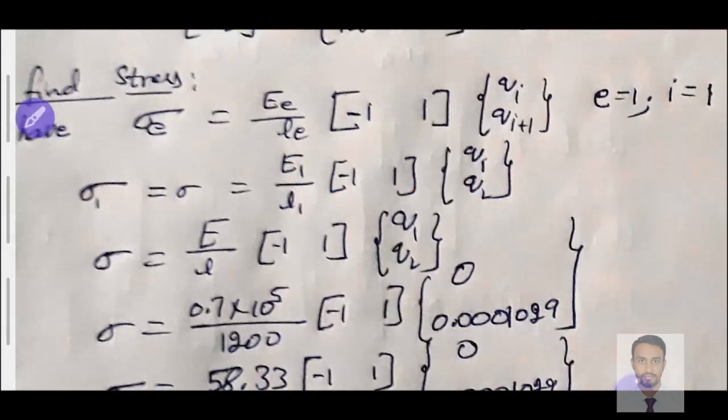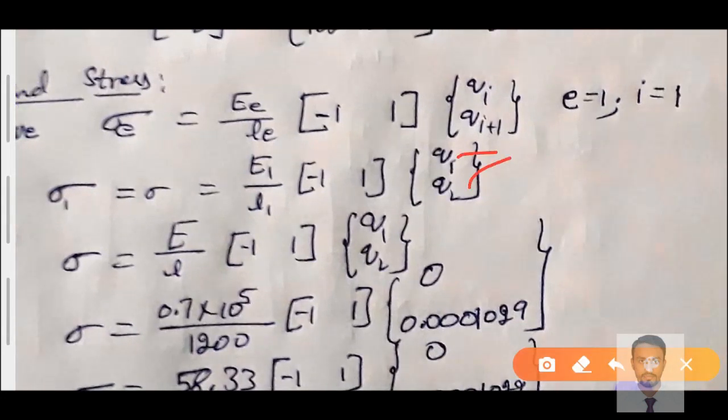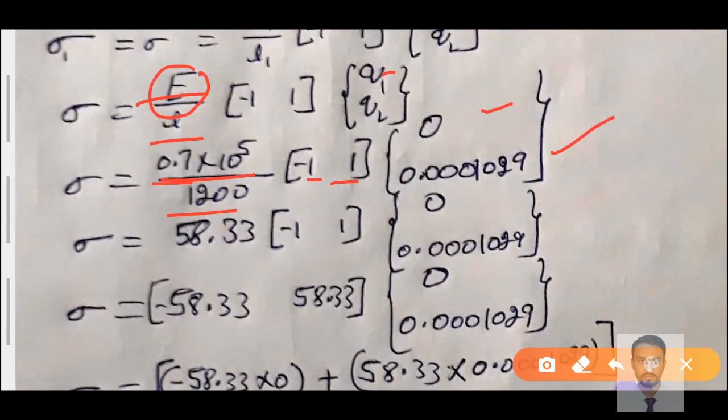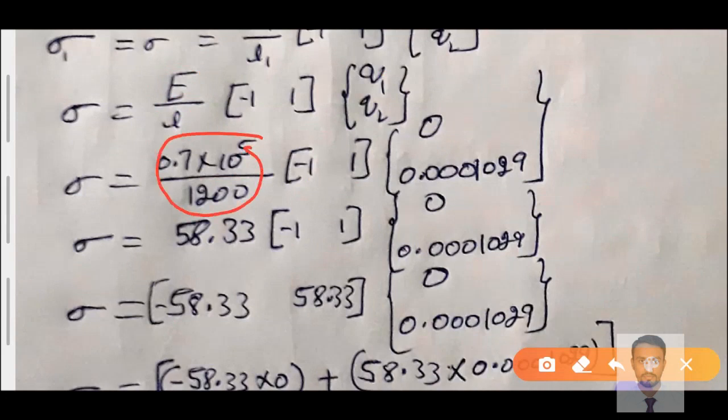So then we have Q1 and Q2. We found the Q1 and Q2 values, so substitute those values here. After substituting, simplify the equation and calculate this value, which equals 58.33. Multiply this value inside the matrix. This becomes minus 58.33, plus 58.33, and this as it is I have taken.